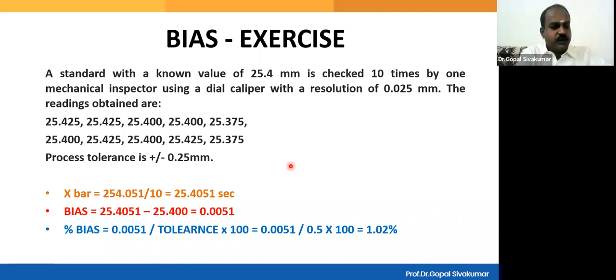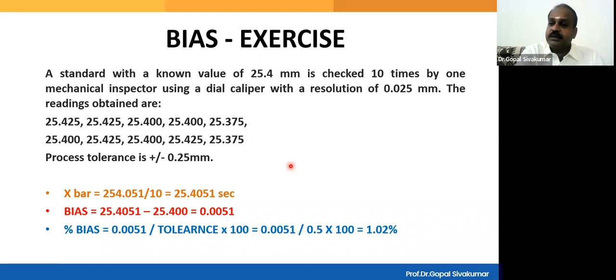Another example. Now the time is, let us say, 9 a.m. in the morning, but my watch is showing 9:05. Now the observed time is 9:05, but the actual or true time is 9 a.m. Now what's the difference? 5 minutes. This 5 minutes is called bias.